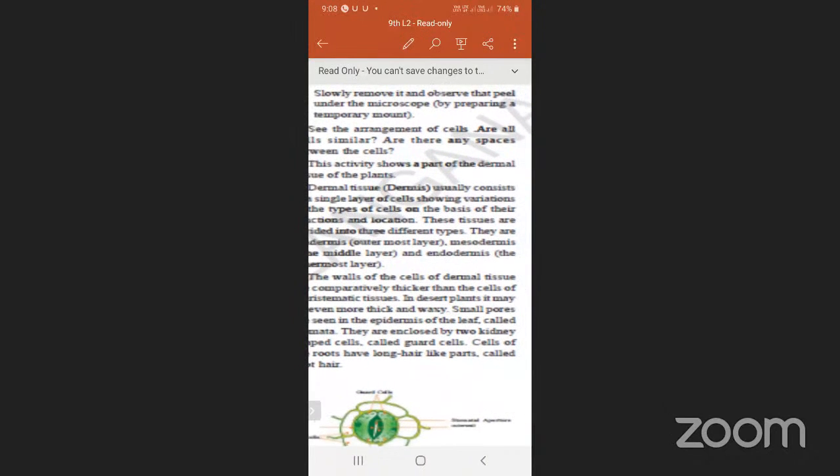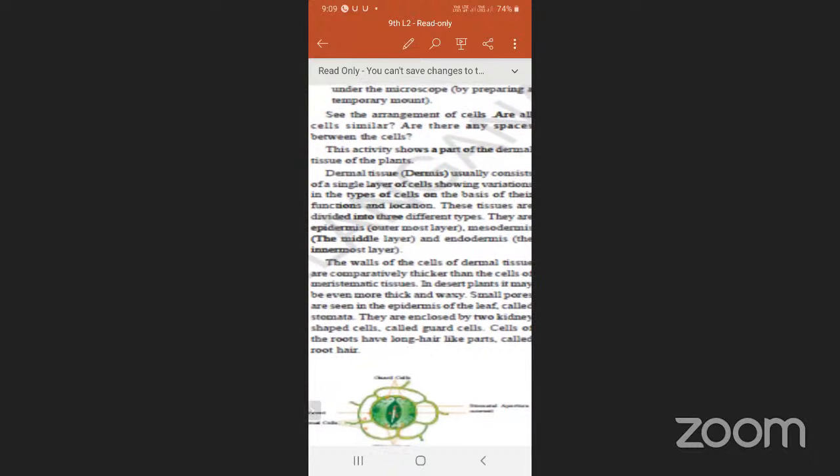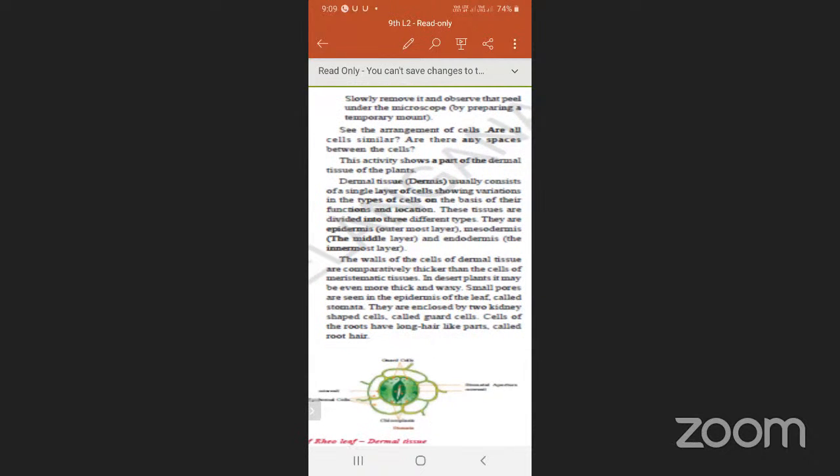See here, dermal tissue, think of dermis, usually consists of a single layer of cells showing variations in the types of cells on the basis of their function and location.